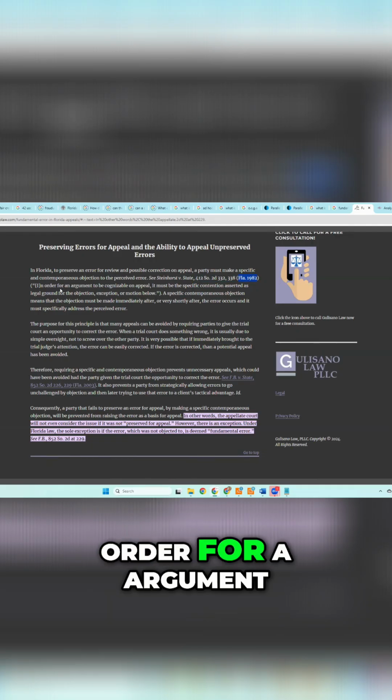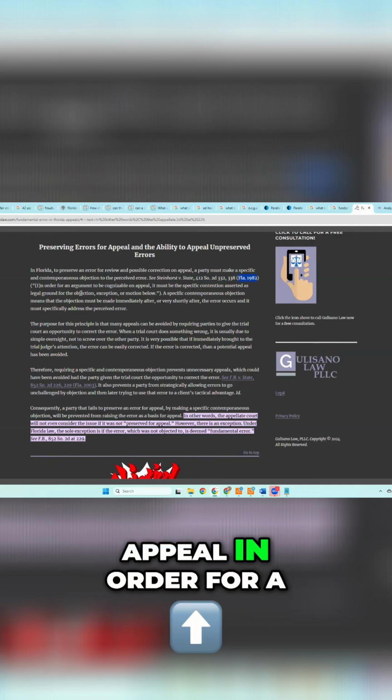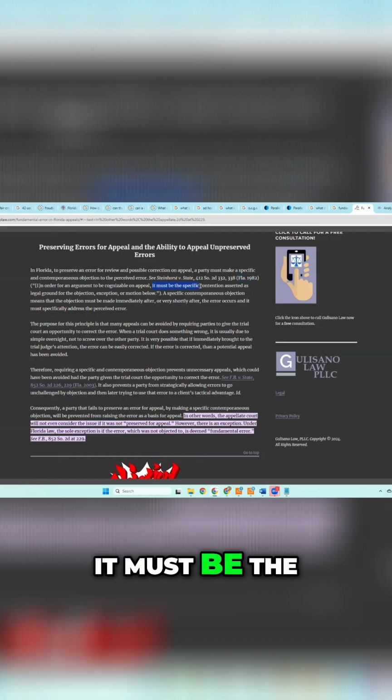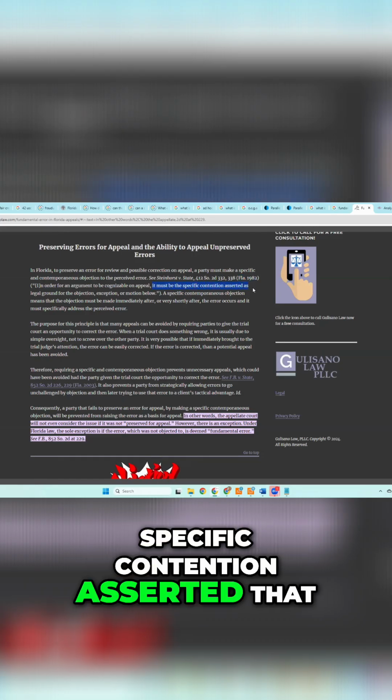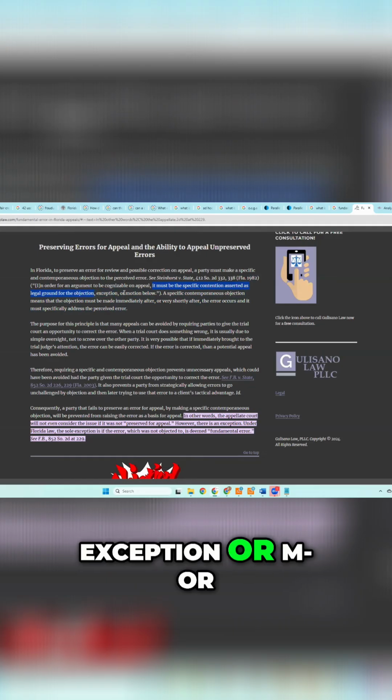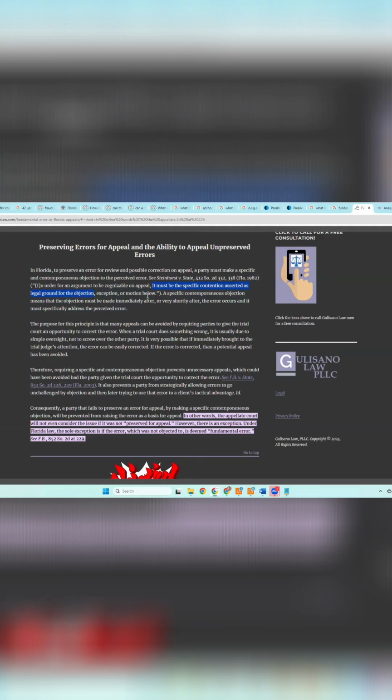In order for an argument to be cognizable on appeal, it must be the specific contention asserted as the legal ground for the objection, exception, or motion below.